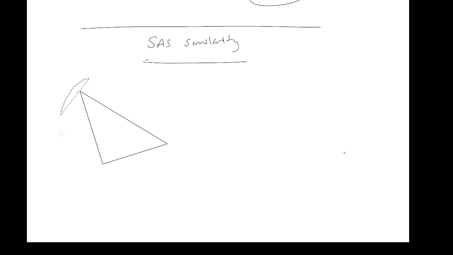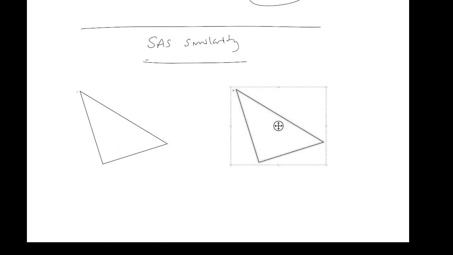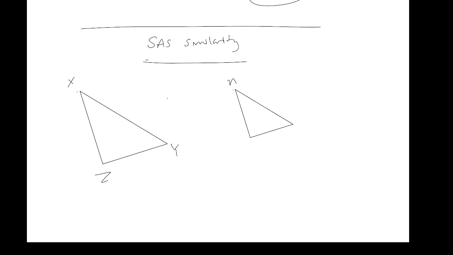Drawing these two, I have x, y, z, and then I have m, n, p. And the only thing I'm given here is that angles x and m are going to be congruent.